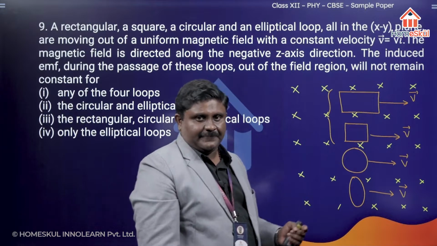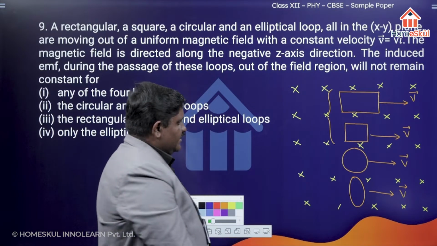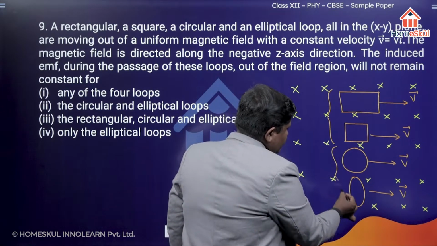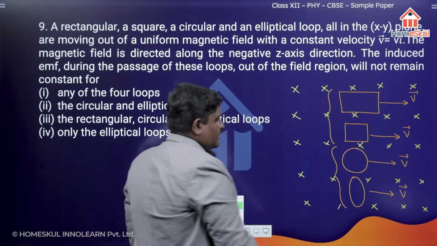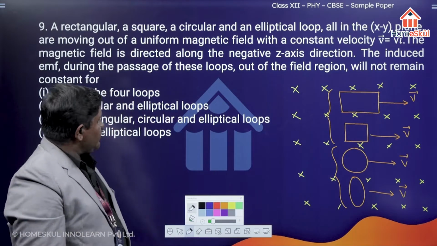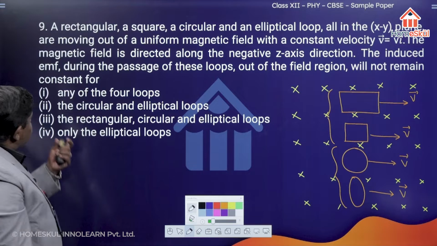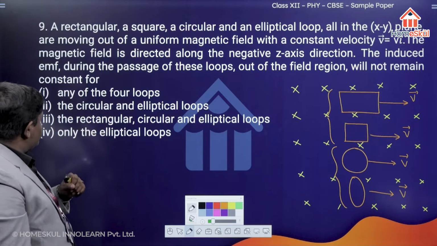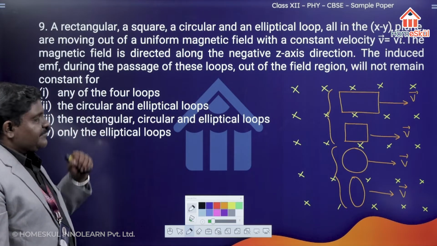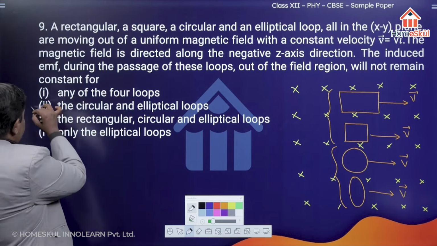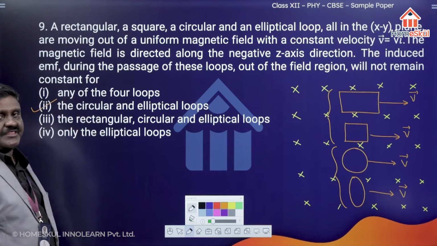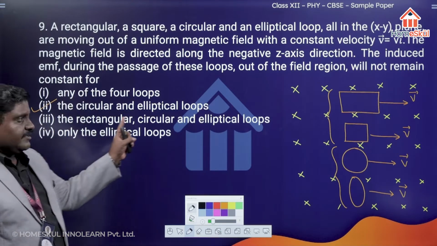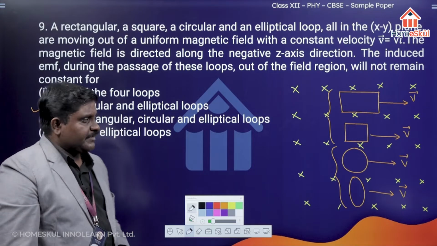There is a change in area, so there is no constant EMF in the case of circle and ellipse. So go for the options. The first option, any of the 4 loops? No. The circular and elliptical loops. So this option is the correct one. Circular and elliptical loop. Clear?